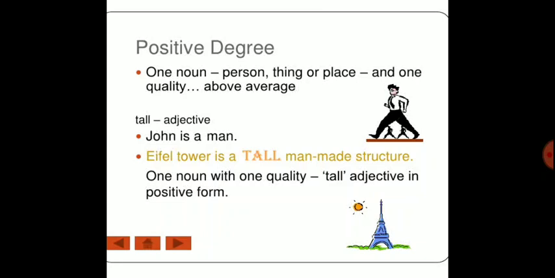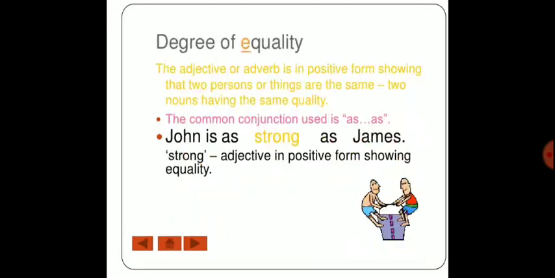Okay, so here you can see the sentence: John is a man, Eiffel Tower is a tall man-made structure. So positive degree means the simple sentence where the comparison is not done. Okay, now let's talk about the degree of equality.